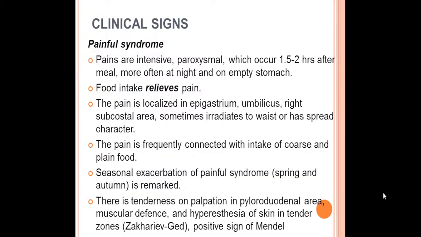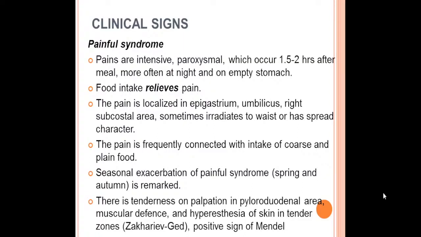And if the patient starts waking up at night with nocturnal pain in the abdomen, in the epigastrium, it is a very serious signal of a more severe erosive gastritis, which may transform to peptic ulcer disease. Food intake relieves pain.